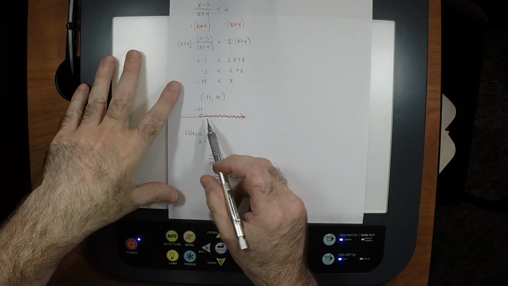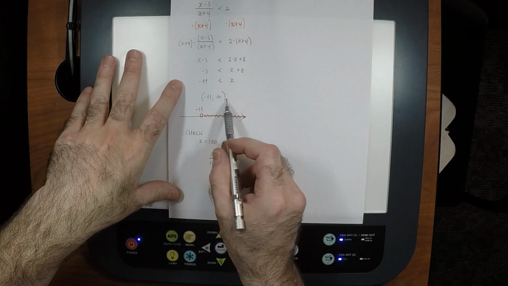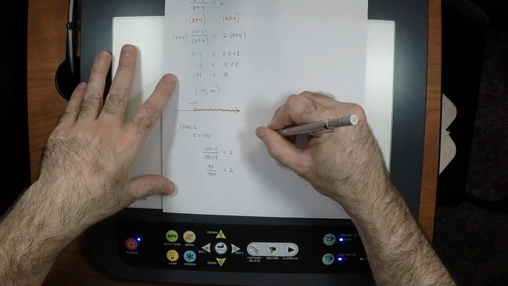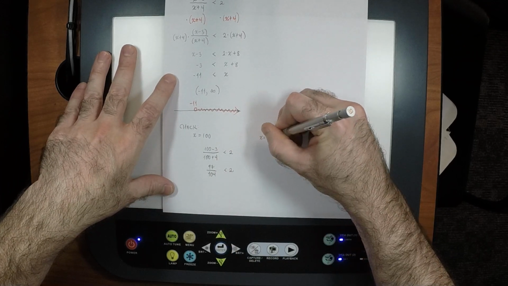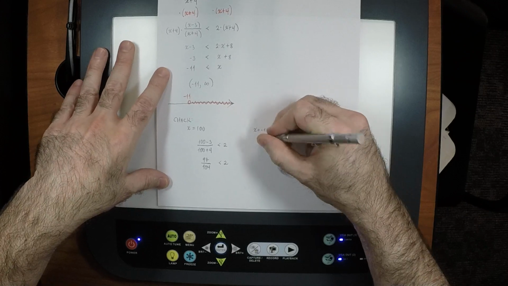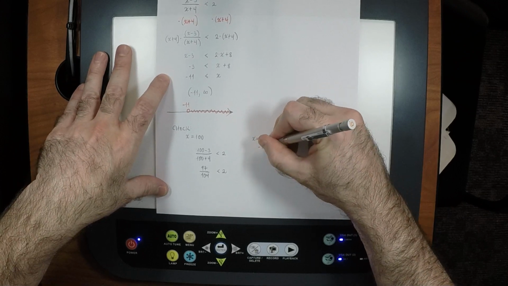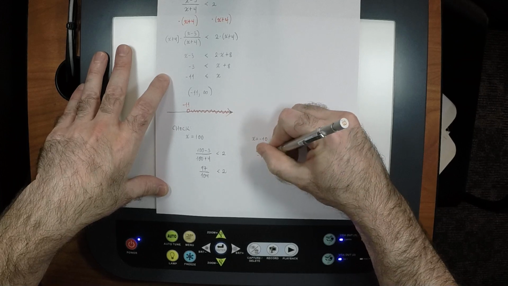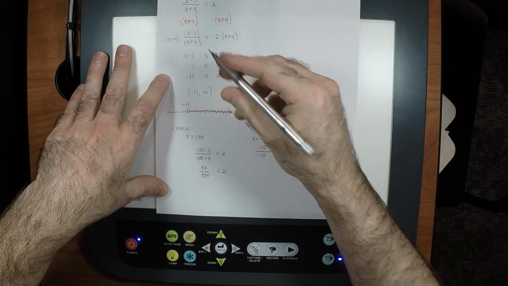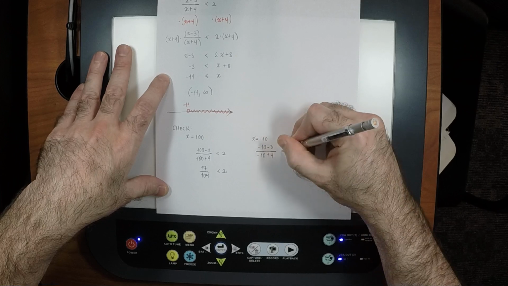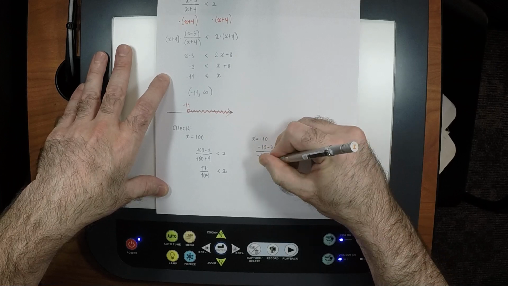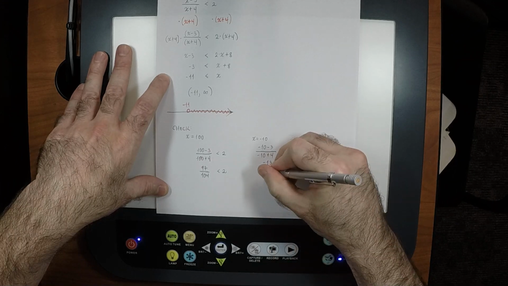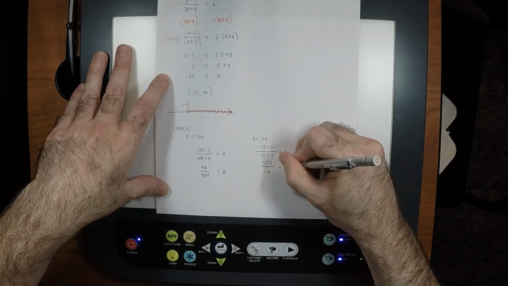What about, how about negative 10? Is that in there? Yeah? So let's check it at negative 10. So that'd be negative 10 minus 3 over negative 10 plus 4 less than 2. So that'd be negative 13 over negative 6 less than 2.